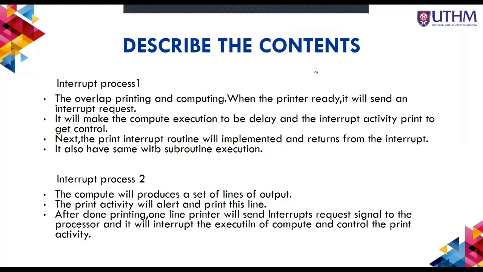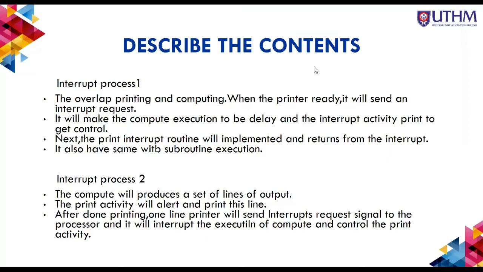Okay, now I will present and describe the contents. In the describe the contents, there are two interrupt processes: interrupt process 1 and interrupt process 2. For interrupt process 1, I will explain the overlap of printing and computing.